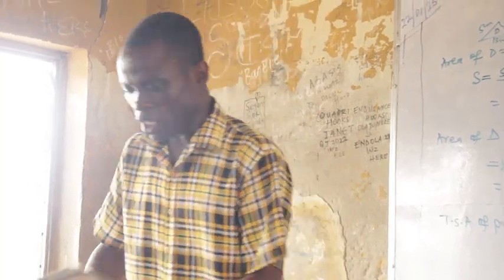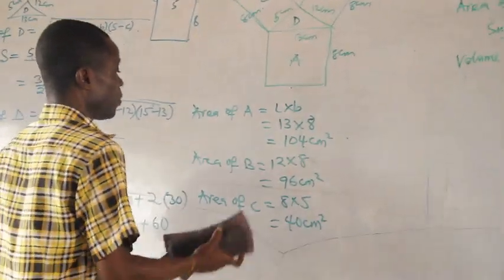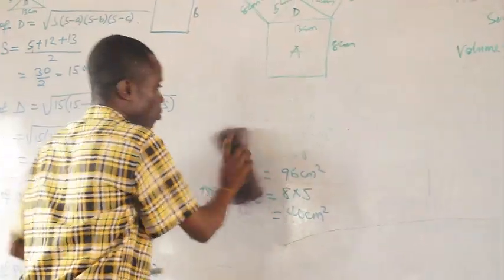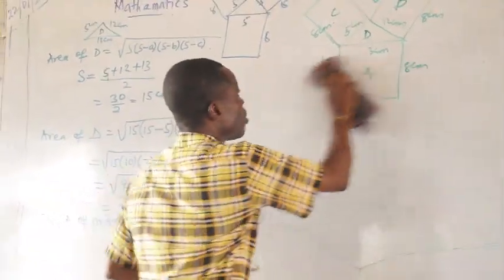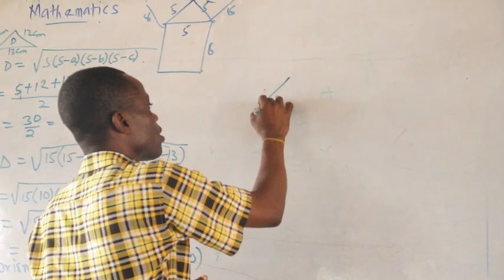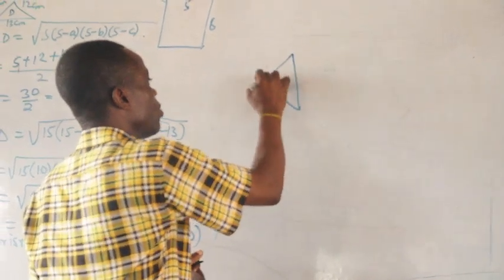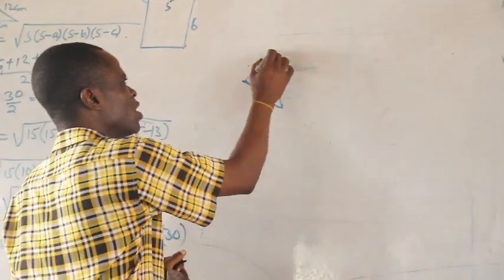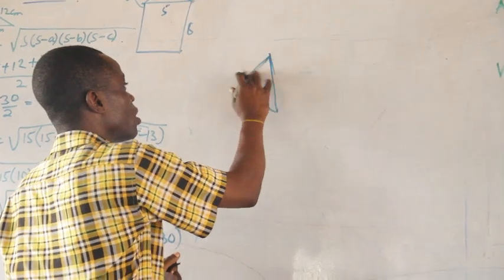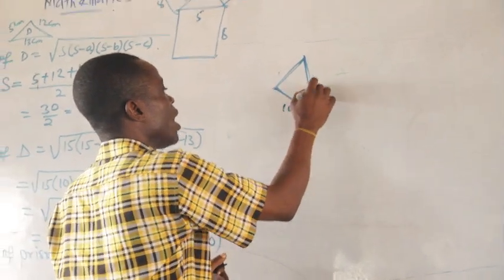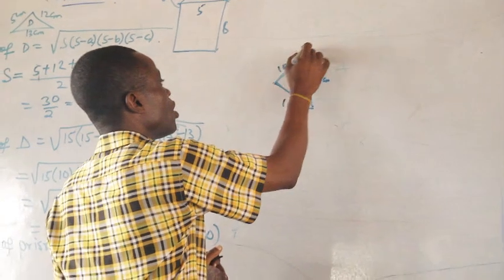So let me give you the diagram. We still have the diagram as this. What's the length of the triangle? 10, 10.